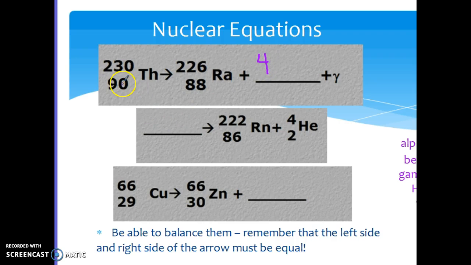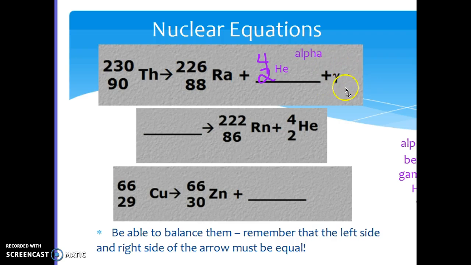Okay? 90 minus 88 is 2. So, do you remember which particle had a 4 and a 2 with it? You're right, it's an alpha particle. So, we need a little helium atom here, and we know that that is definitely alpha decay.